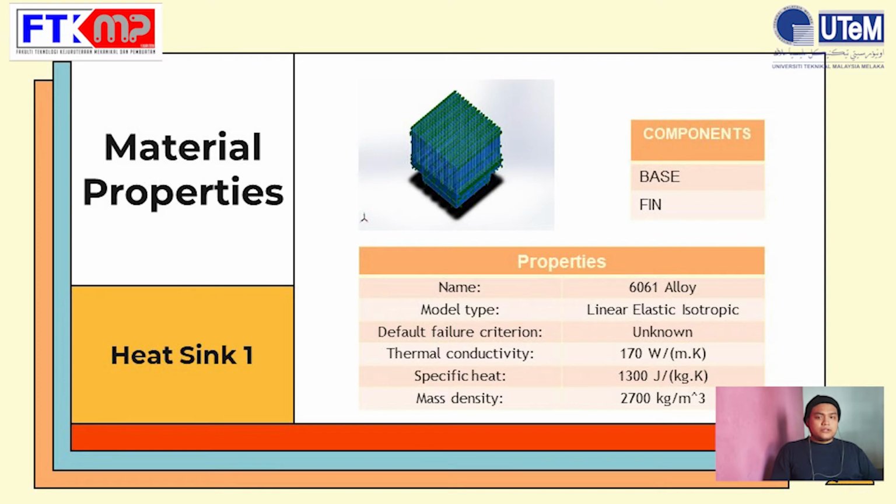Thermal conductivity for 6061 alloy is 170 watt per meter Kelvin. The specific heat is 1300 joule per kilogram Kelvin, and the mass density is 2700 kilogram per meter cubed.